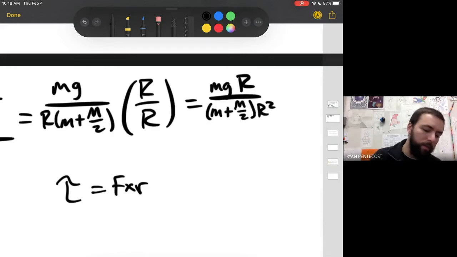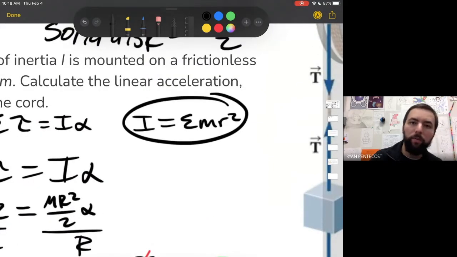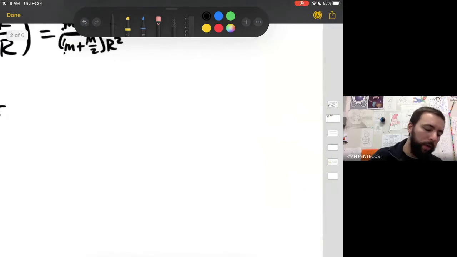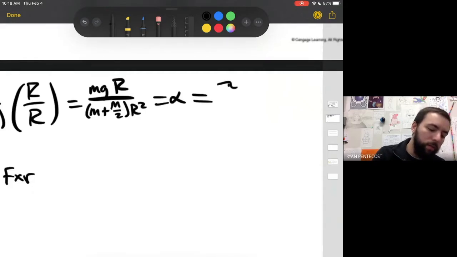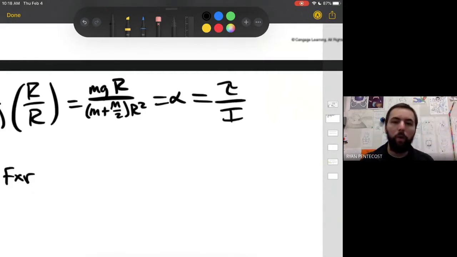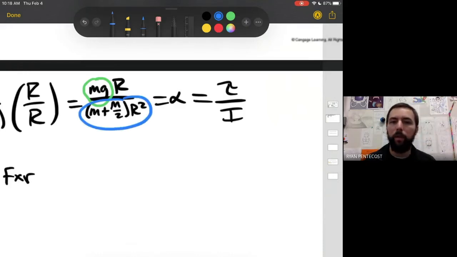Remember, the last equation I'm going to use here: I is the summation of mass times r squared. Here you've got the summation of some mass times r squared. So this is your alpha, which means the system's torque is mgr. Notice that mg is serving as your net force, and the moment of inertia of the system would be m plus big M over 2 times r squared.